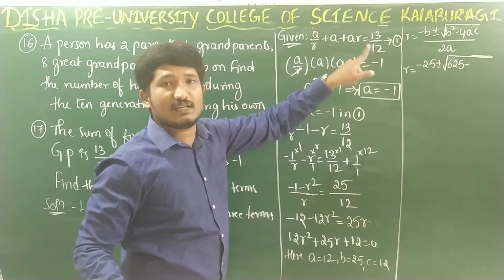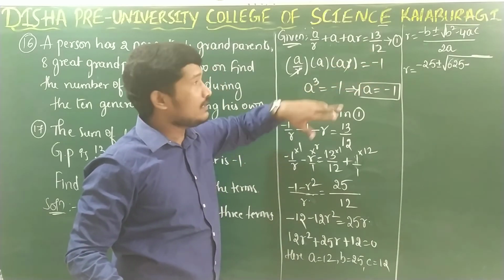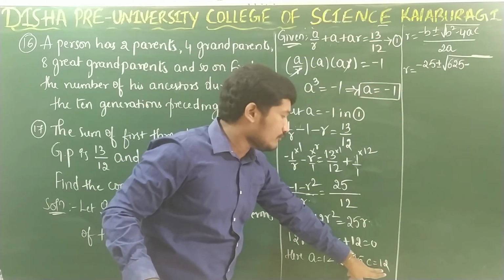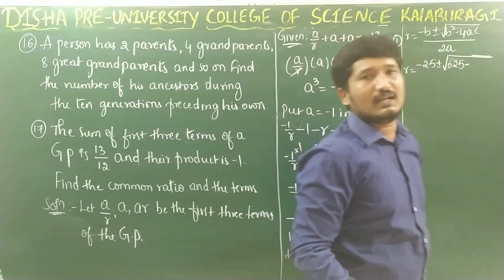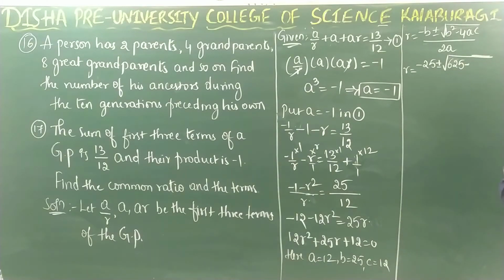So 12 4s are 48. Am I right? So again into c. What is the value for c? It is equal to 12. So 48 into 12. 4 into 12 into 12. Right? 4 into 12 is 48. 48 into 12 will be around 576. Right? So it is 576 whole divided by 2 into a. Again the value for a is 12. So 2 into 12 is 24.